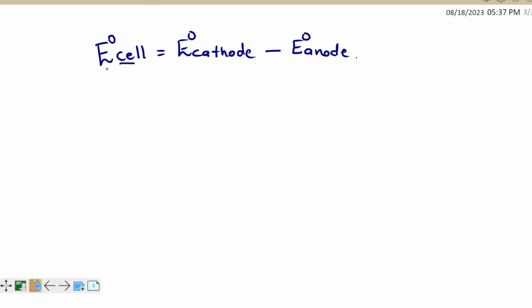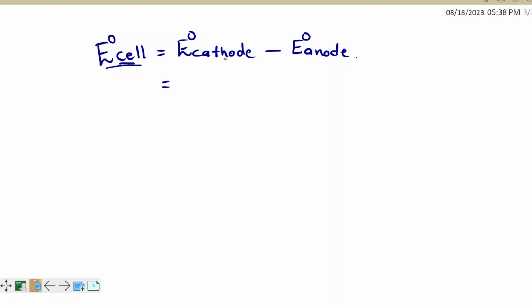So it says E cell is equal to E cathode minus E anode. You must always put these small zeros on top of your E, because all of this is in standard conditions. These are standard cells, so if you don't put those zeros, they won't give you a mark for the formula. And if you look on your data sheet, this is how they wrote the formula.